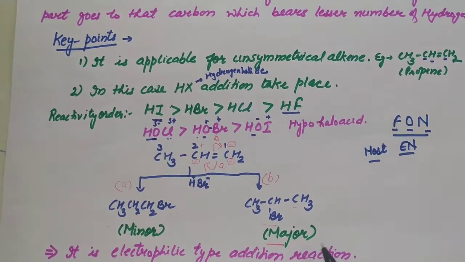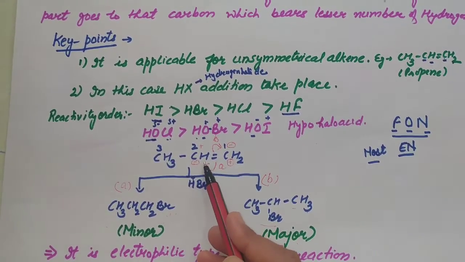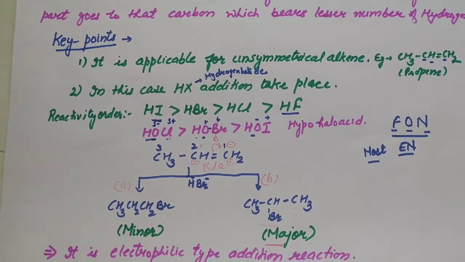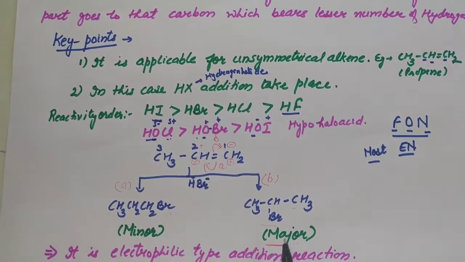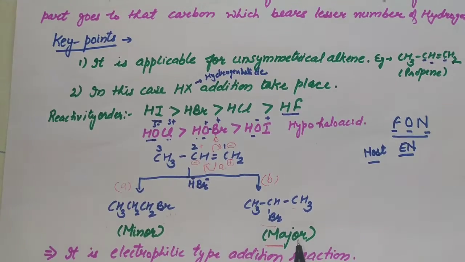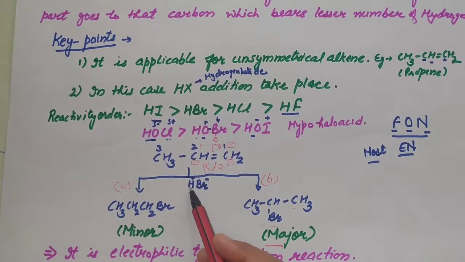So in this case, the major product is the one in which the negative part goes to that carbon which bears a lesser number of hydrogens. And this reaction is known as an electrophilic type addition reaction. Why is it known as electrophilic type? Because in this case, the addition of an electrophile takes place. Electrophile means H positive ion.